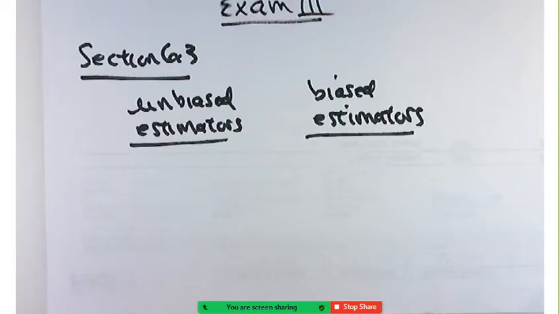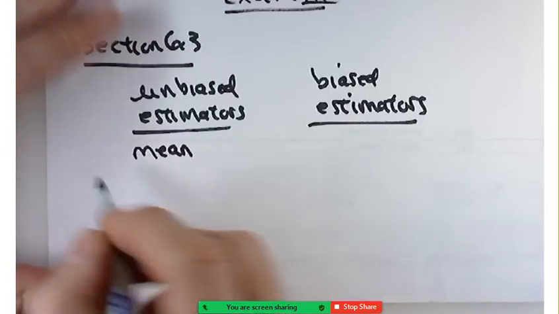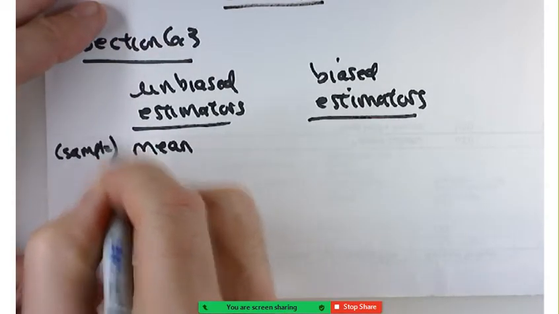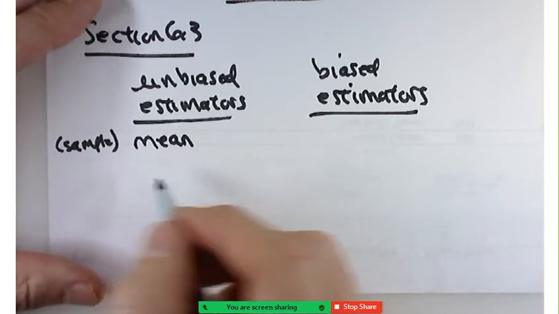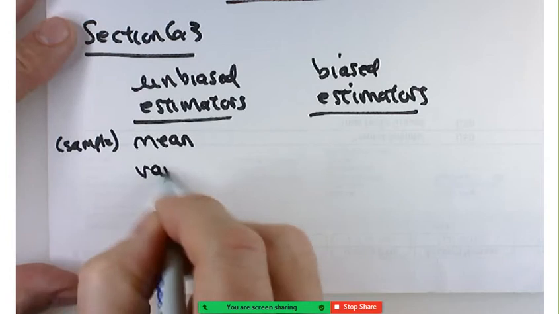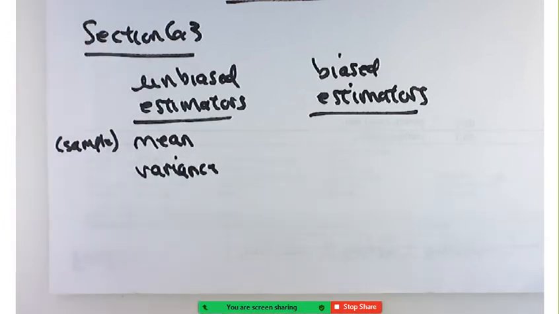So your unbiased estimators would include the sample mean. And likewise, another unbiased estimator is the sample variance. On average, when you use the sample variance to estimate the population variance, you're going to get the right answer.